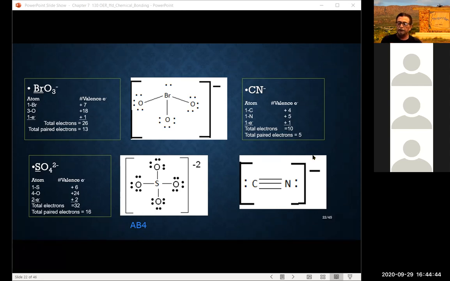We put the bracket and the negative sign upper right corner to designate it as a polyatomic ion. Okay, and we can do the same thing in this case. It's only 2 species, so this structure would be linear. All right. Any questions so far?